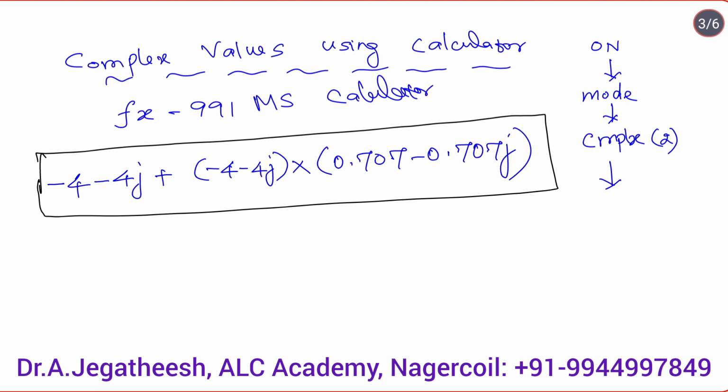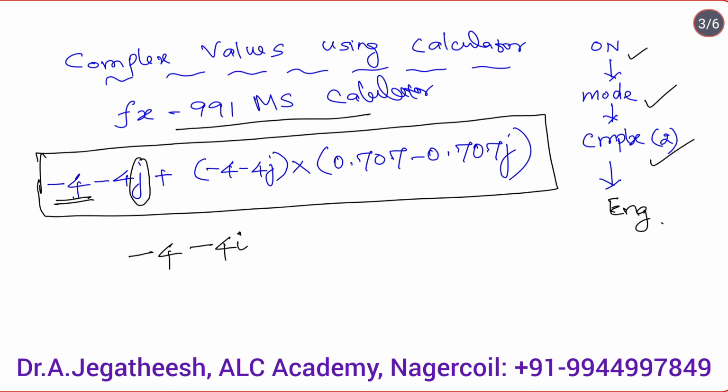Take a calculator. After turning it on, pressing mode and setting complex, you need to type minus 4j. You cannot type j, instead you can type I. For that, you should use the ENG button, which is in the middle of the FX991 MS calculator.